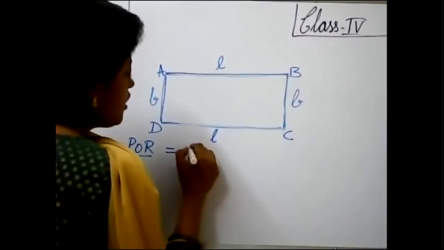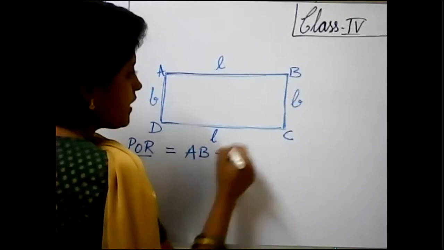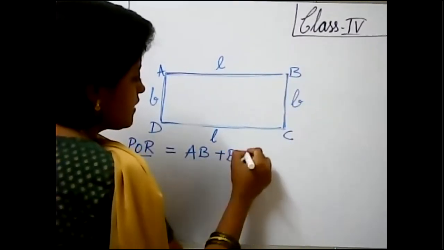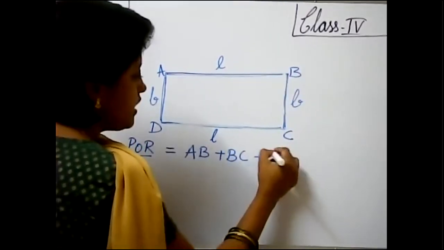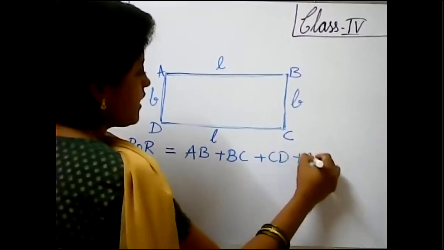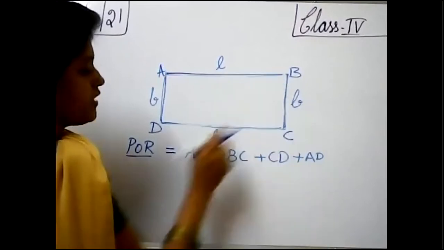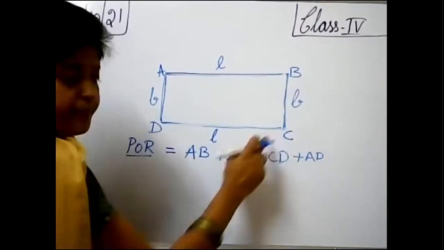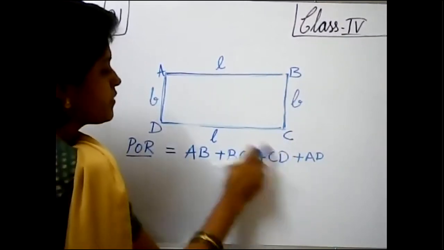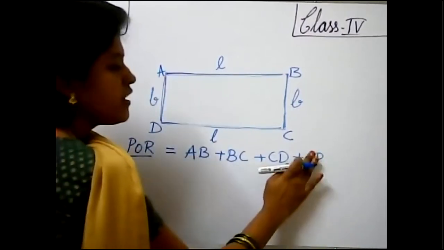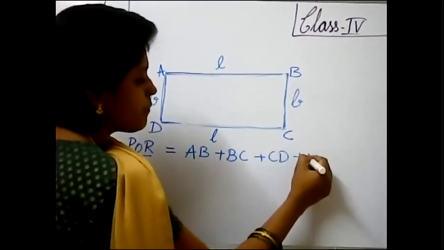Otherwise, first you write down AB plus BC plus CD plus DA. Sum of all the sides. First side AB plus BC plus CD plus DA. DA or AD also okay, no problem, Shaurya.